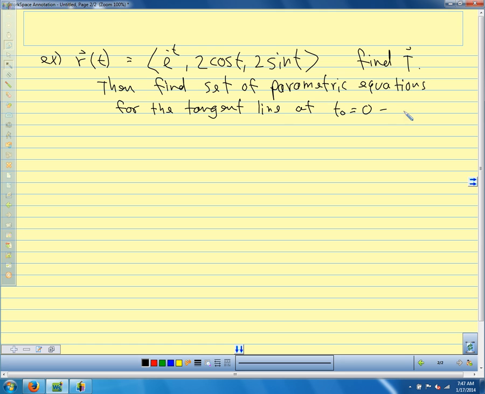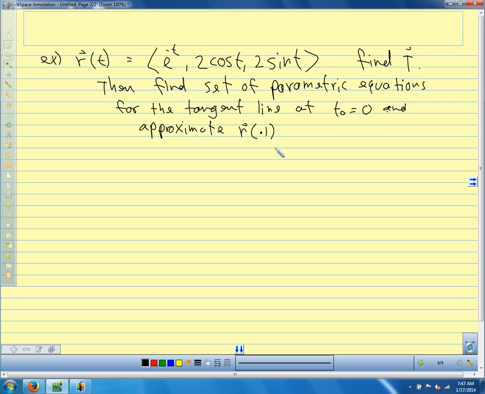And we're going to use that to approximate r of 0.1. We're going to find our unit tangent vector first, and then we're going to find our set of parametric equations for our tangent line, and use that to approximate r of 0.1.